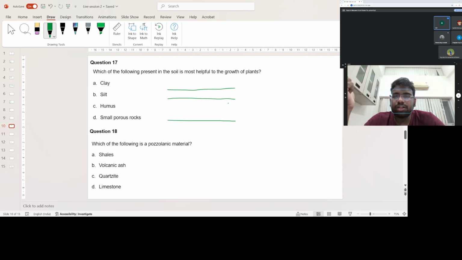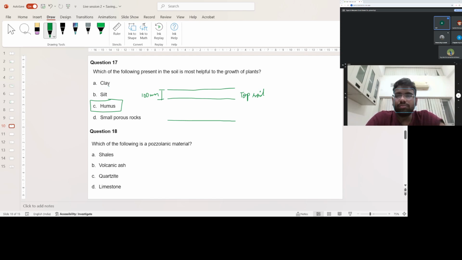Humus is predominantly found in topsoil, which is more critical for the growth of plants and usually varies up to 100 mm. That is the very top layer of soil, which contains high organic matter and is highly nutritious for plant growth. Hence humus is the major component present in the soil that facilitates plant growth to a large extent.